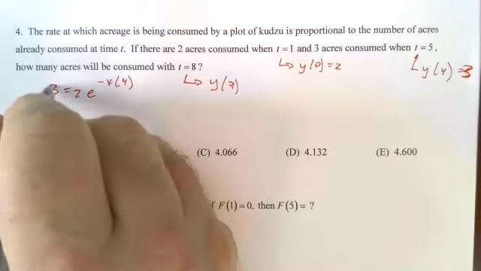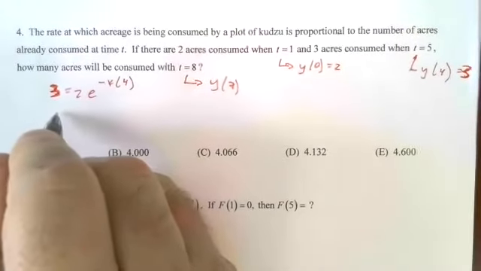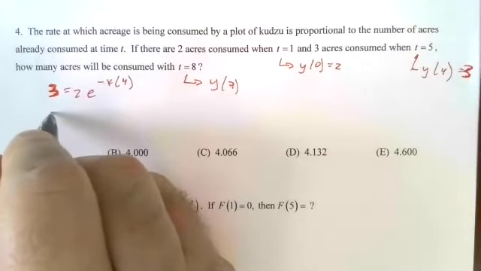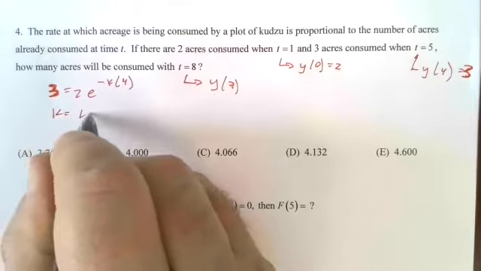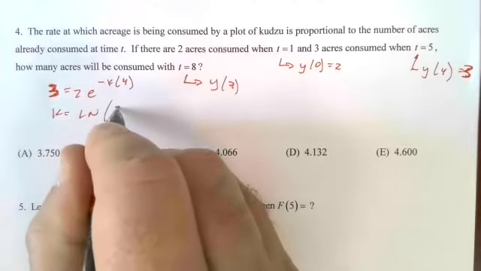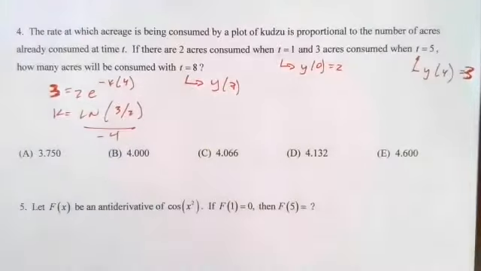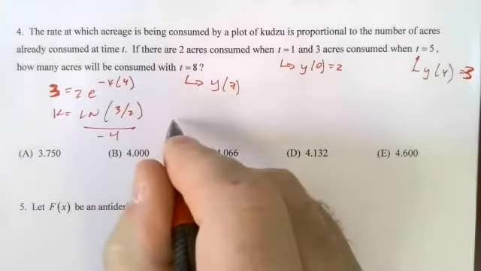All right. So do some magic. We get k equals natural log of 3 over 2, over negative 4. We could actually make that a decimal, but whatever.